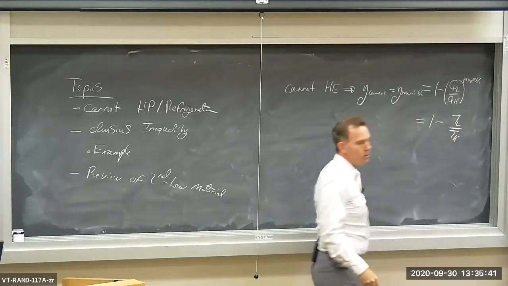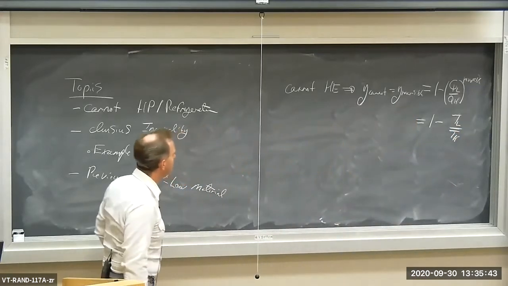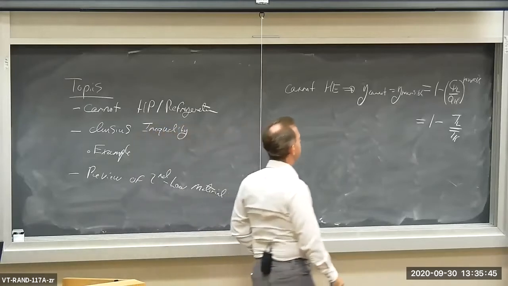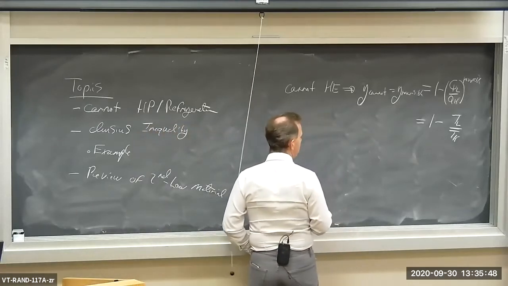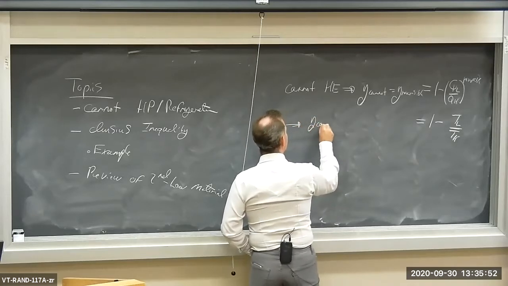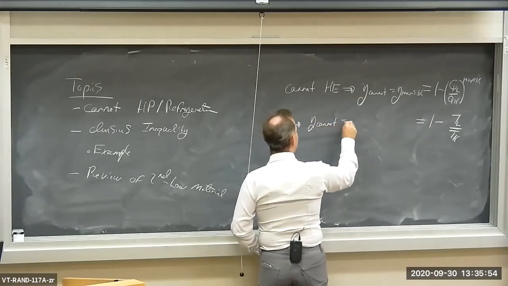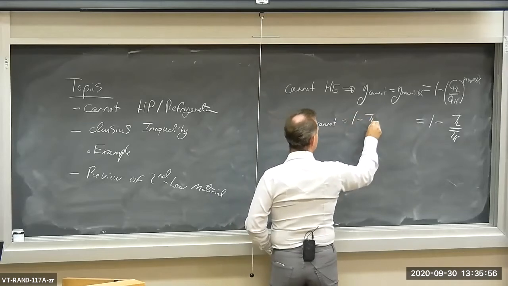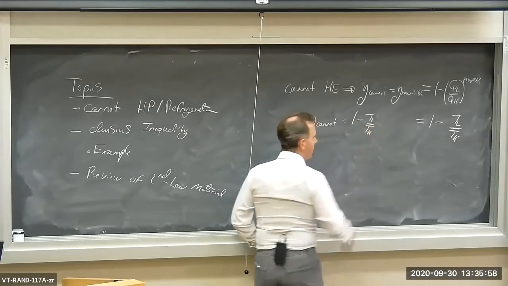Okay? So remember, the efficiency for a Carnot heat engine is a very simple expression: eta Carnot, or eta reversible, is 1 minus T low over TH.